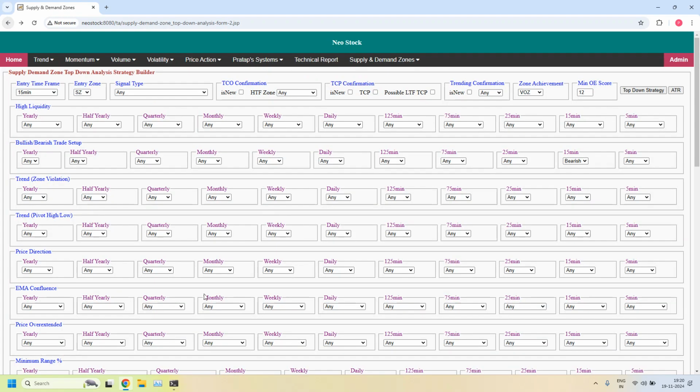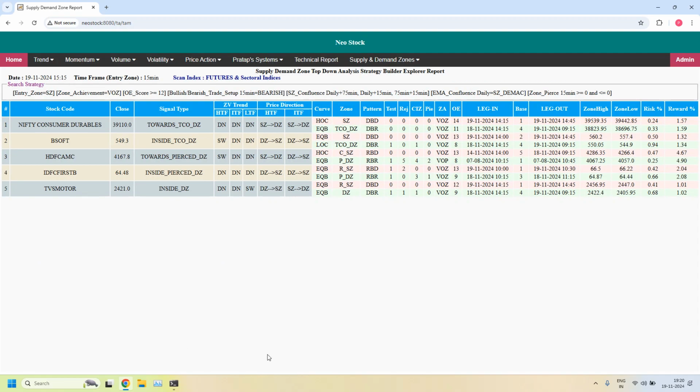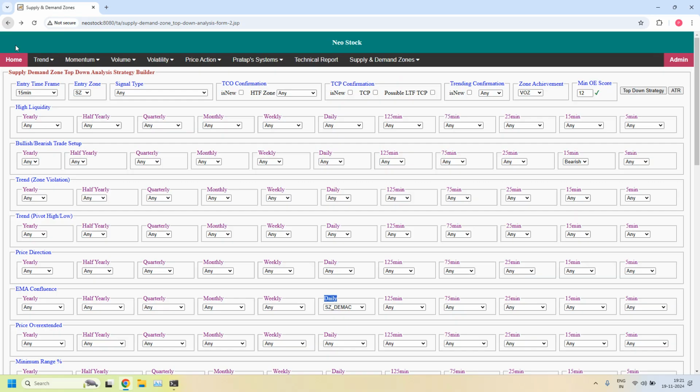Let's verify. EMA confluence at daily time frame, daily supply zone with daily EMA confluence. With this filter, we got 5 stocks. Out of these 5, second and third are sideways, ignore them. You can also filter them. How can we filter?